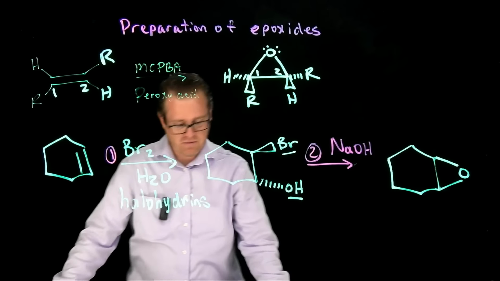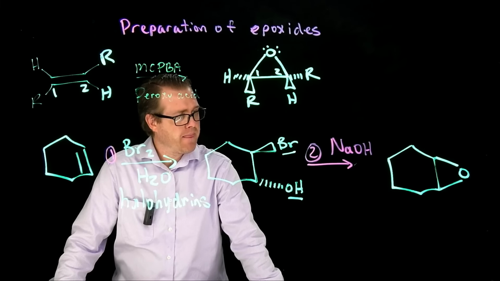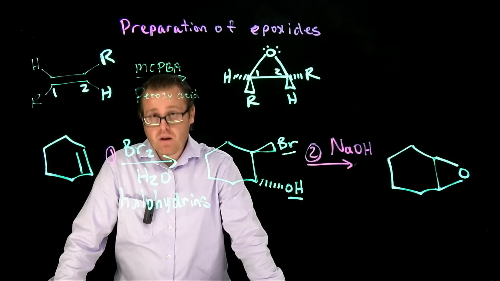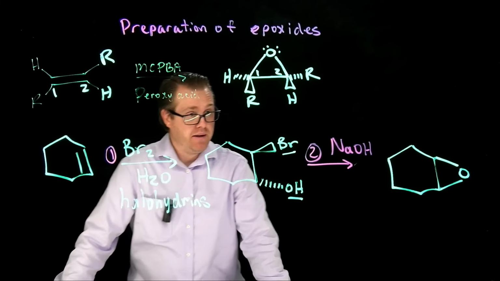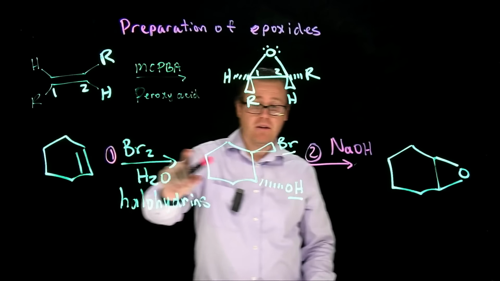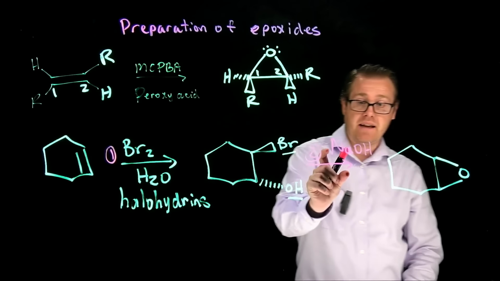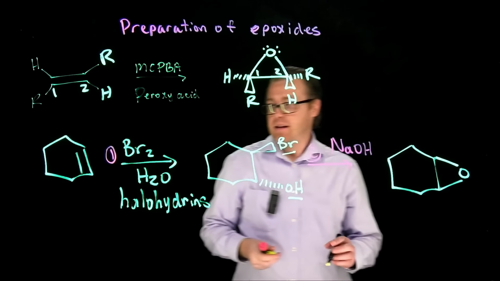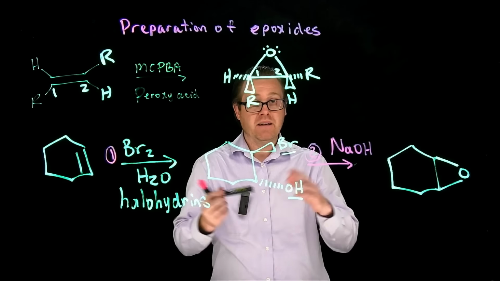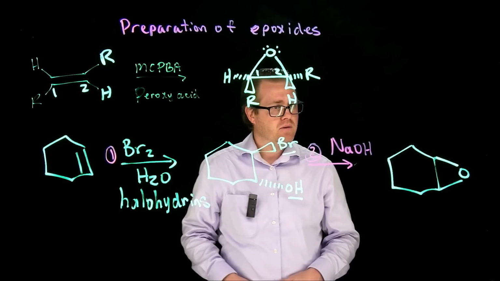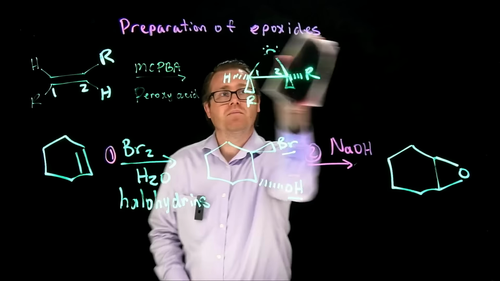Now, when we take a look at the mechanism, I'll worry more about the stereochemistry. But you see what's happening? Alkene, halohydrin. Second, you treat it with the base, and you're going to form an epoxide. Can you see it in your mind's eye, the mechanism of what's going on? What's happening here?